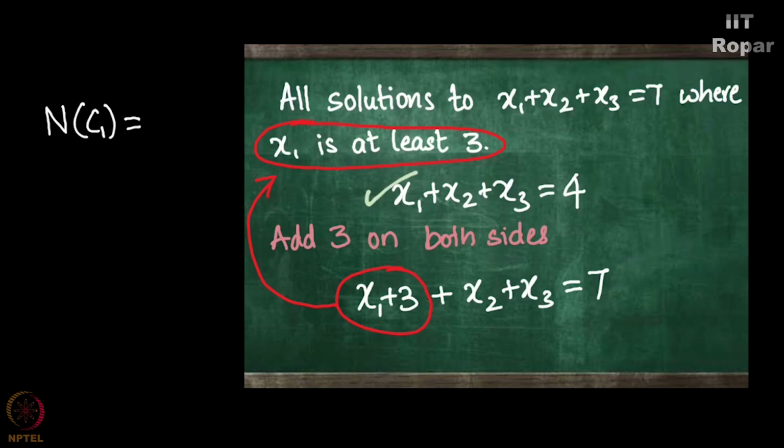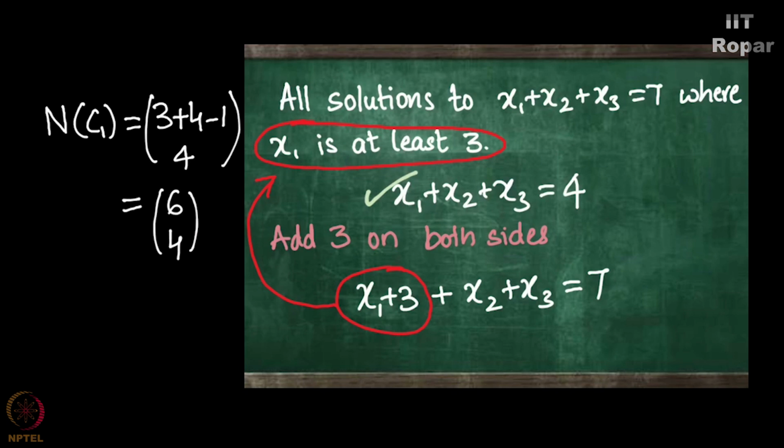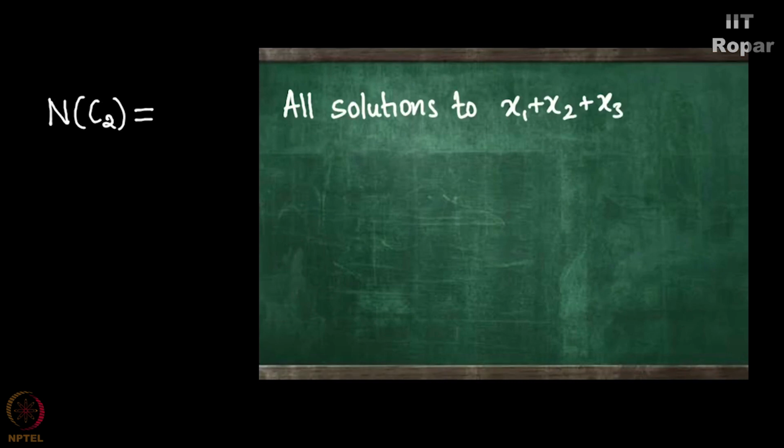In how many ways can we get solution for this equation? It is nothing but (3 + 4 - 1) choose 4, which happens to be 6 choose 4, which is 15 because it is 6 into 5 by 2. Now, moving on to the number of elements following the C2 condition, n of C2, it happens to be the solutions which are having x2 at least 5.